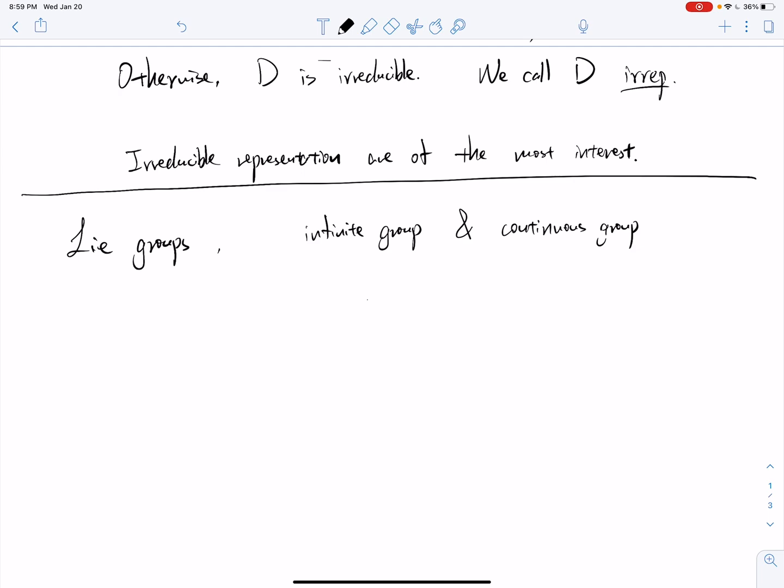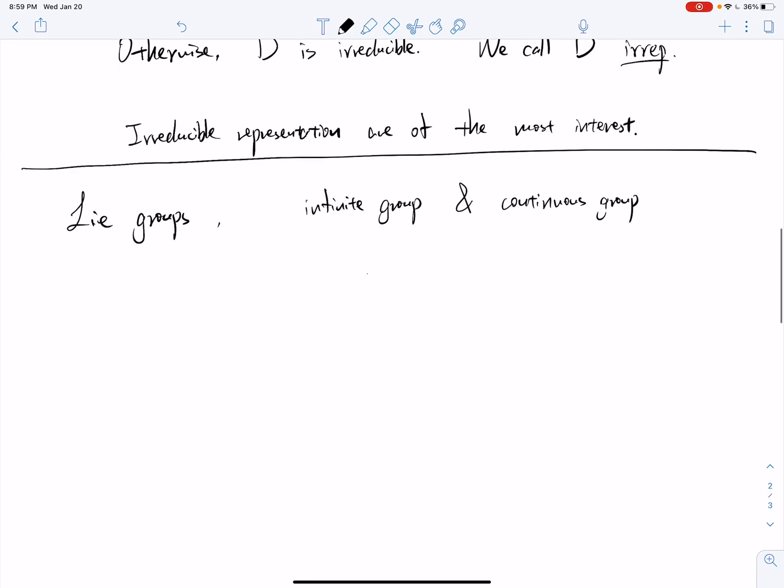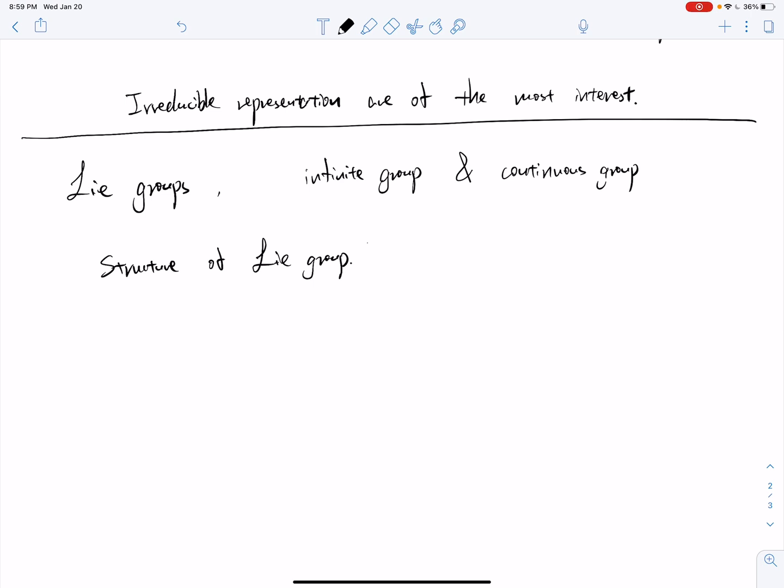So instead of giving a formal mathematical definition, I'm just going to show how do we construct a Lie group, or in other words, what is the structure of a Lie group. To construct a Lie group, we first need building blocks. And these building blocks are called generators. They can generate all of the group elements of a Lie group.